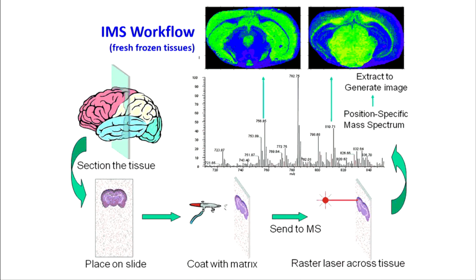You have the laser that ionizes molecules so they can be detected, and then you can get the spectrum. And the beauty of it is that this spectrum is converted into an image that gives you a really good idea of what is going on in the tissue. We'll discuss what kind of applications you can have, but before that, there are two things you have to consider.